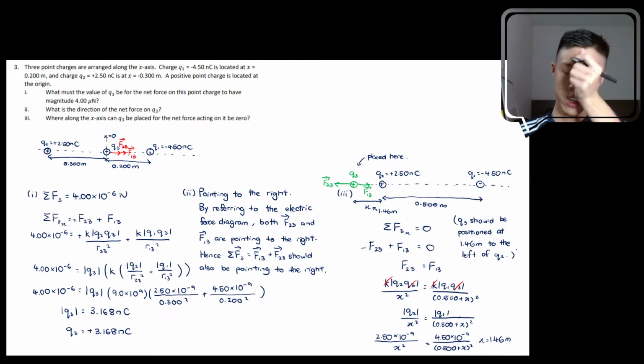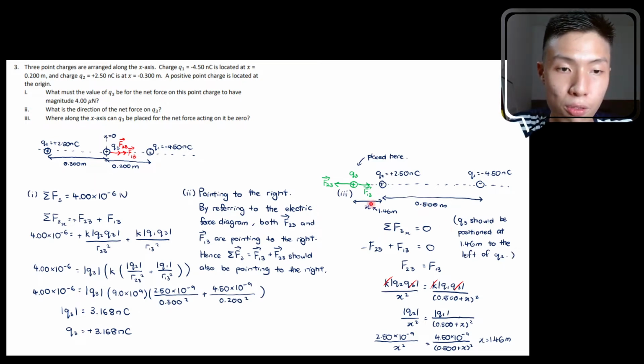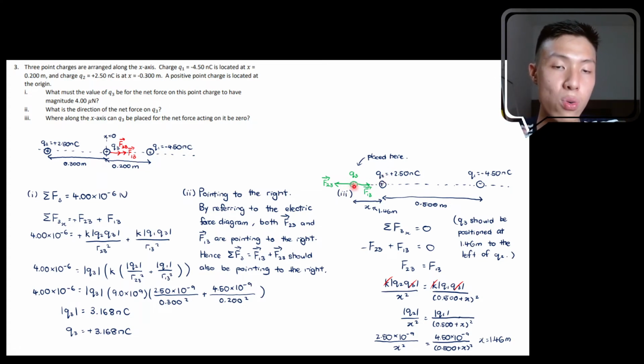If you place Q3 at 1.46 meter to the left of Q2, then at that position Q3 will have equal magnitude of force acting to the left and to the right. Therefore, the net force acting on Q3 will be equal to 0.